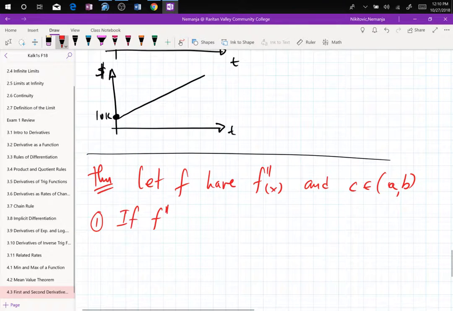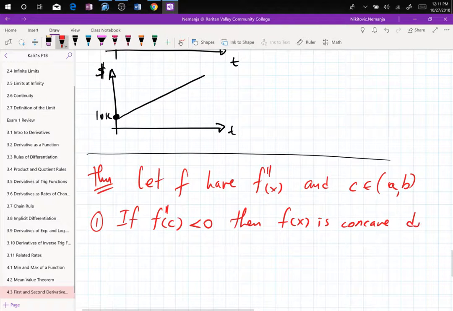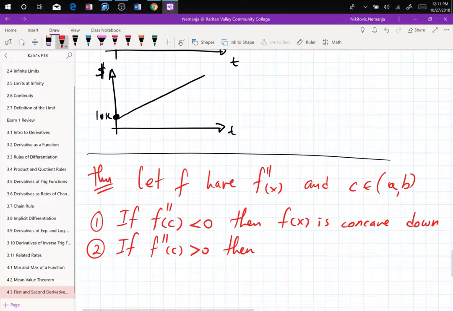If the second derivative computed at the test point c is less than 0, then f of x is concave down. Number 2, if f second derivative of c is larger than 0, then f of x is concave up.